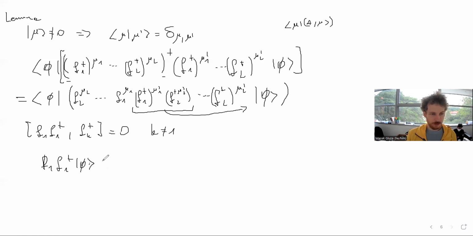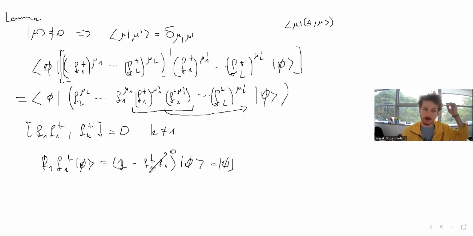So I'm pushing it through without any phases. Then what we were saying is that this is 1 minus f1 dagger f1 applied to the vacuum, which means I'm getting again the vacuum, because this is dropping to 0 by the kernel condition.